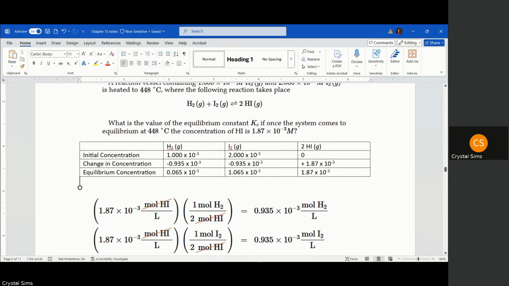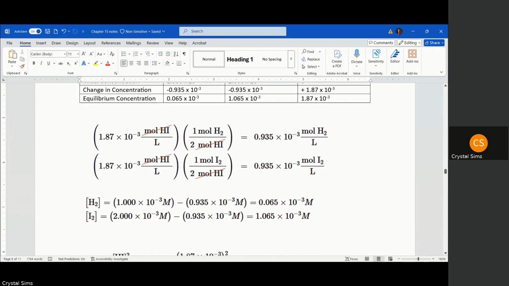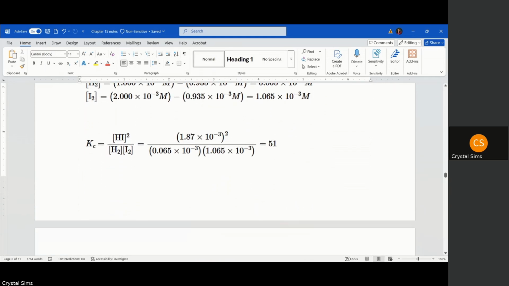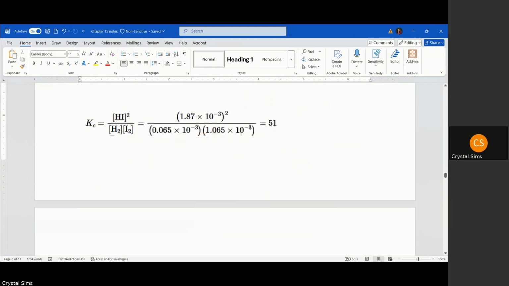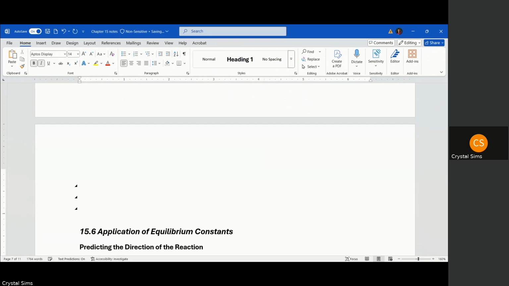But based on the information we're given and our balanced chemical reaction, we can determine what our equilibrium concentrations are, and then plug them into our expression and solve for the constant. All right, so that's how we can calculate equilibrium constants.